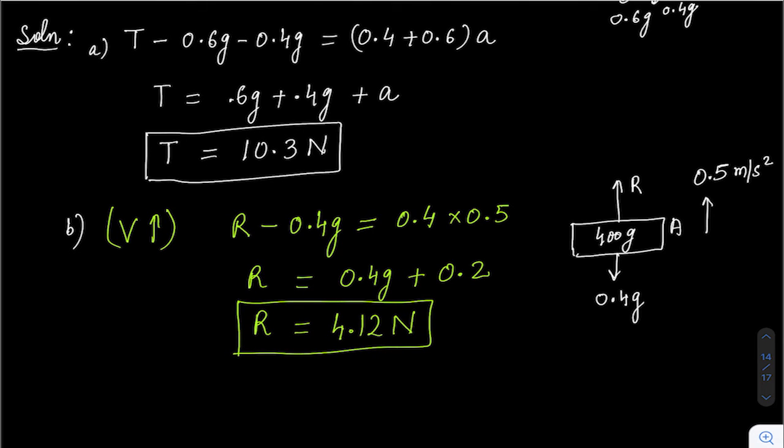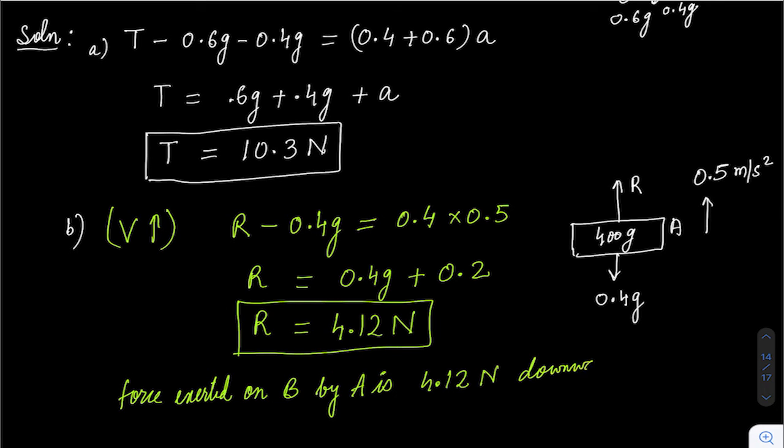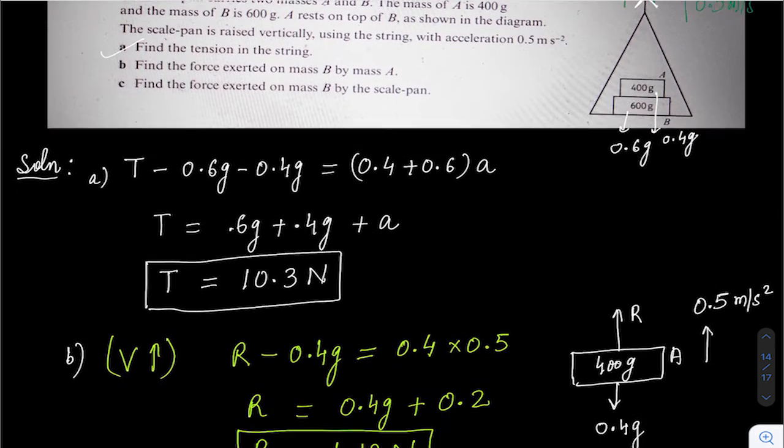So the force exerted on B by A is 4.12 newtons downwards. So that's the answer.